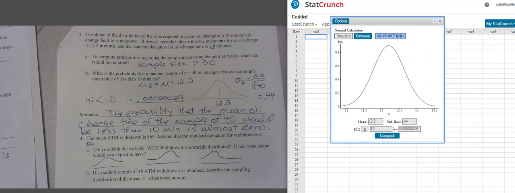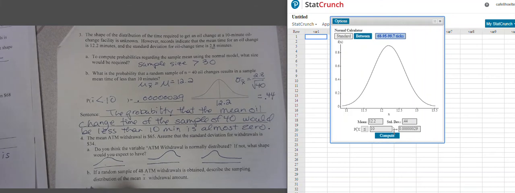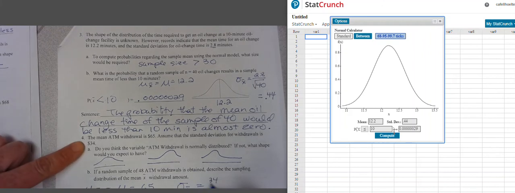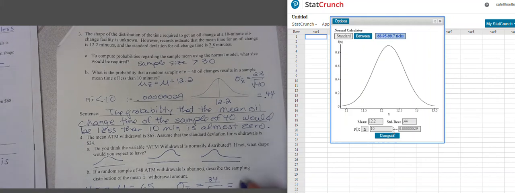So in our random sample of 48, using the central limit theorem, the mean of our samples is going to be equal to the mean of the population, which was $65. The standard deviation of our sample is going to be the population standard deviation, which was $34, divided by the square root of our sample size. So the standard deviation that we're going to be working with when we go to our normal model is going to be 4.9.